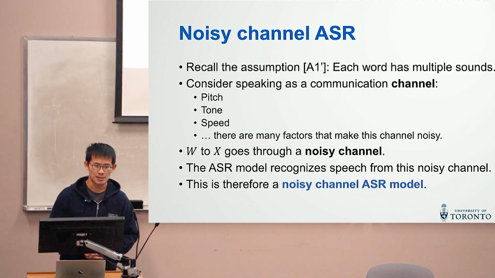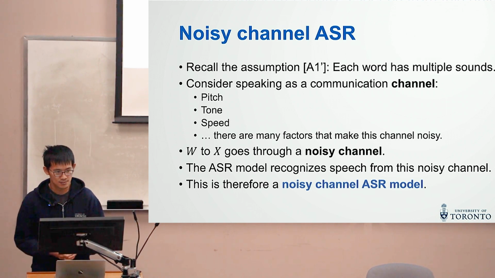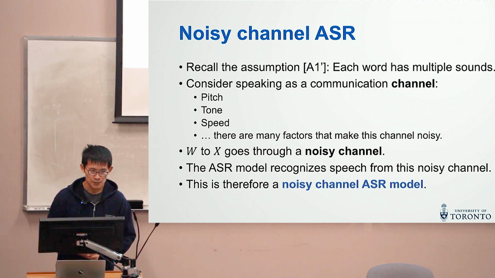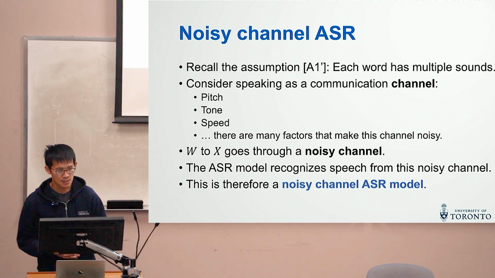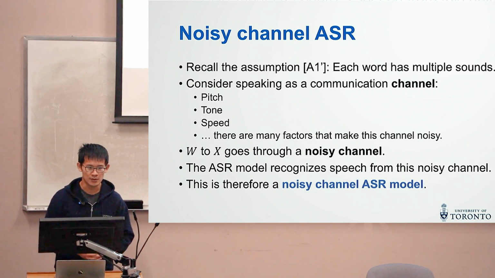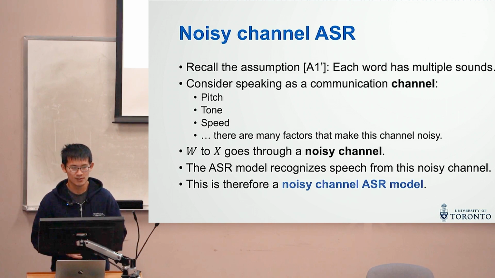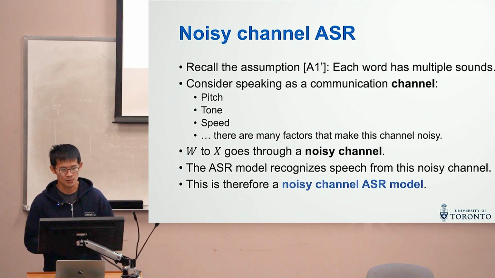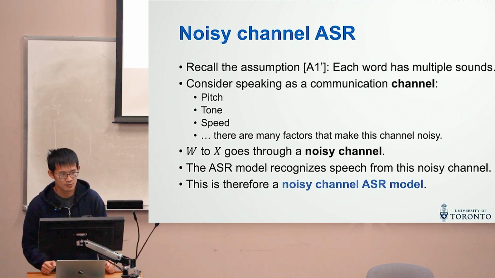In the relaxed assumption, each word has multiple sounds. I want to comment a few sentences about this relaxed assumption. Speech is a communication channel. In a channel, you transmit some information, but during the process of transmission, the contents might be corrupted by, for example, noise or the imperfectness of the microphone.